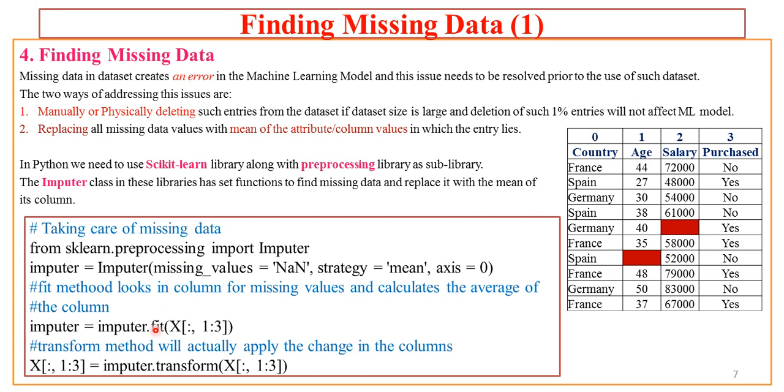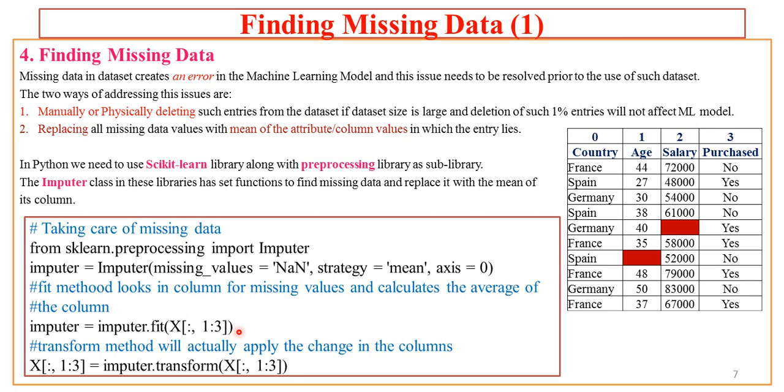The fit method is basically responsible for finding the missing values, calculating the average of the column in which those missing values appear, and replacing those values with the average. The fit method will take a slice. What is that slice?